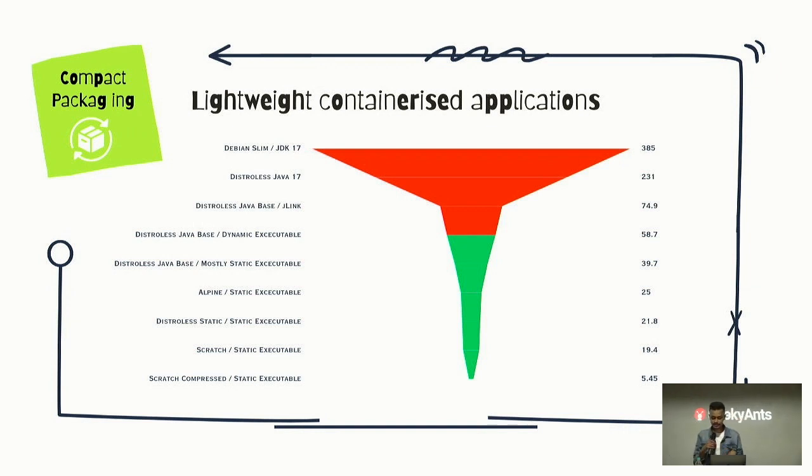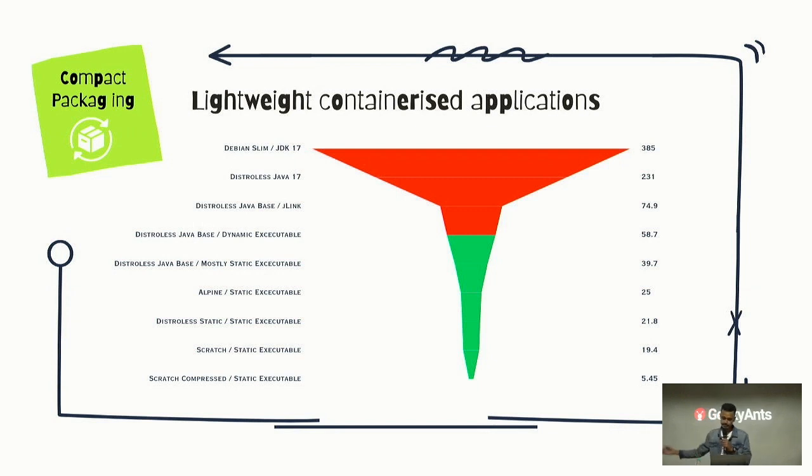Then they used distroless Java 17 and it got reduced to 231. Those are the JVM use cases. Next they tried distroless Java base with JLink, and again the size got reduced to 74.9 MB, followed by 58.7. That was the minimum possible size of your jar.